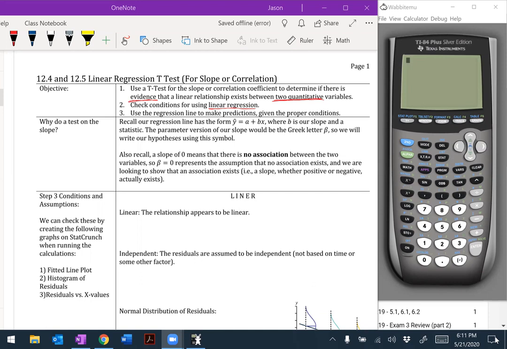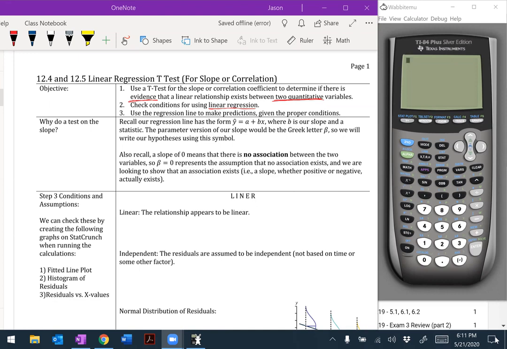And we need a test on what is strong, what is weak. Is 0.6 strong or is 0.6 weak? It may be closer to 1, but with regards to our data, we need a way to determine whether or not to say it's strong or it's weak. We need a value, and we need to reject that value or accept that value.